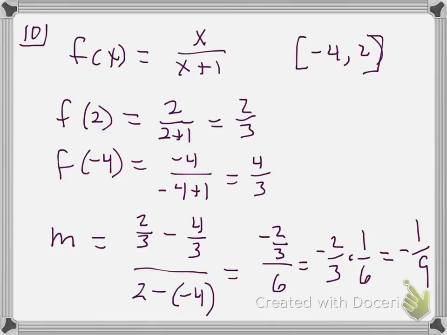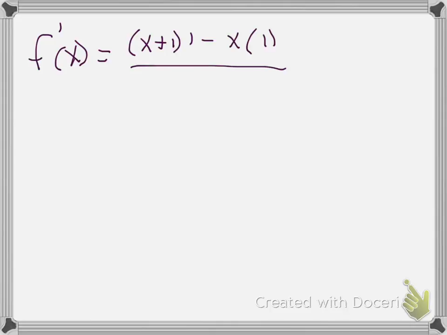Now what we need to do is take the derivative, and that's going to be ho d high minus high d ho all over ho ho. And when I simplify that, I get 1 over x plus 1 squared.